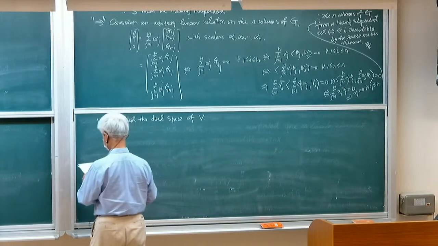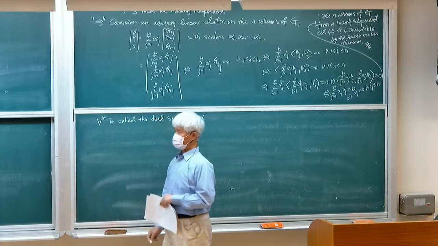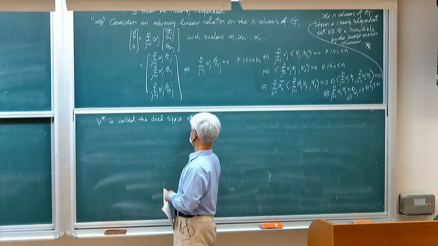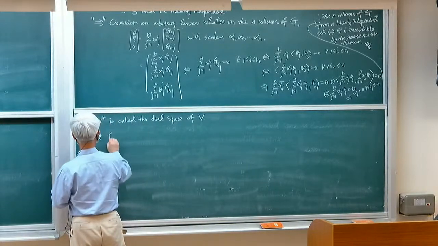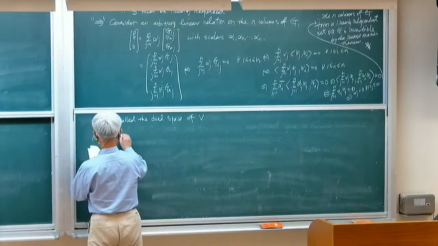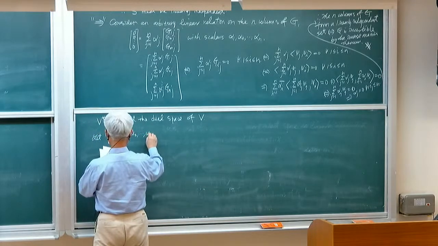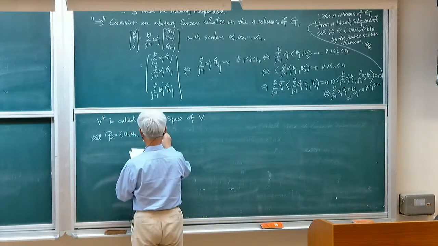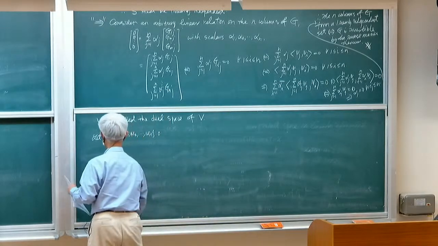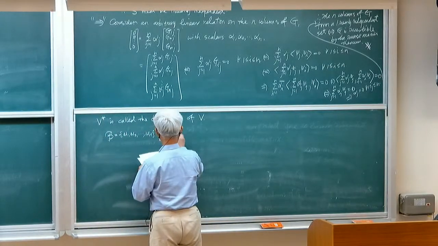So the next purpose is to determine the dimension of V star once we know the dimension of V. Okay. So suppose that B is a basis.